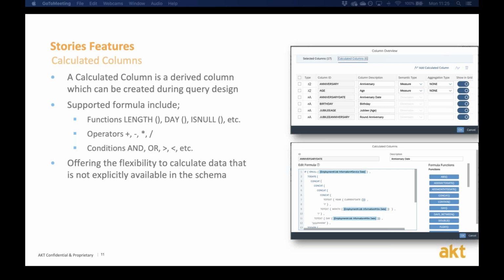Now, for the anniversary, this isn't something you want to hold within the data model, as you already hold the hire date itself. And so we can use this information to generate the anniversary date for this year based upon the hire date. And this can then be used within the story part of the report, where you can then visualize this information.